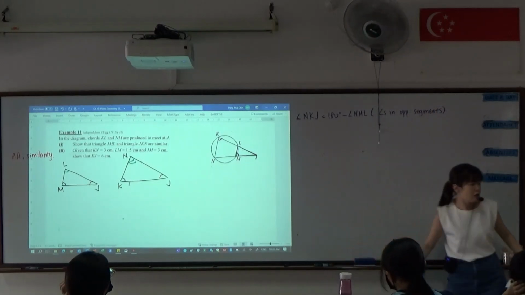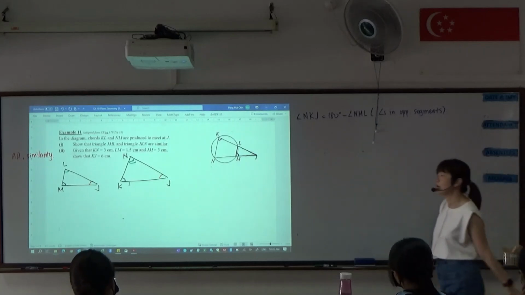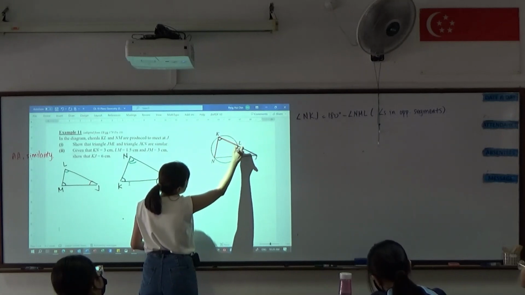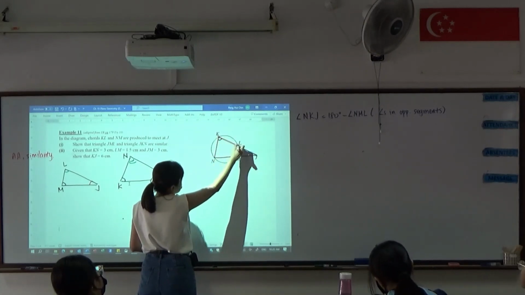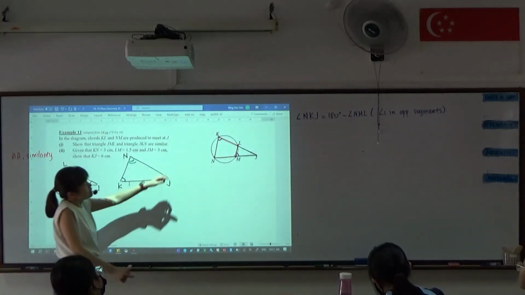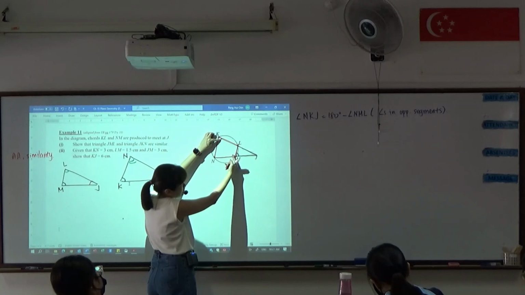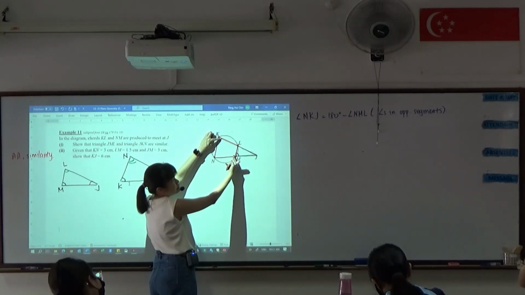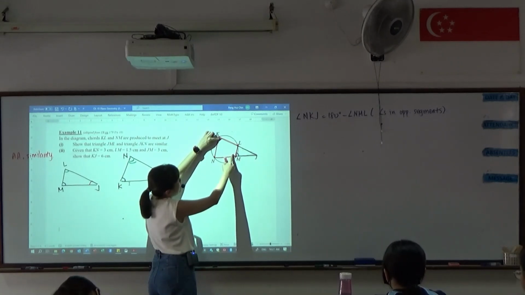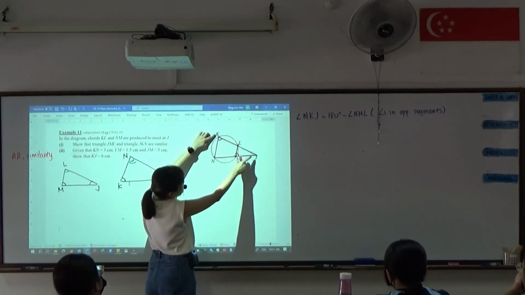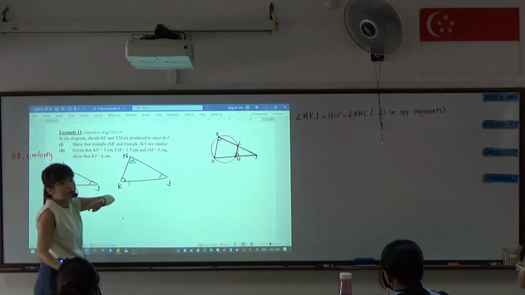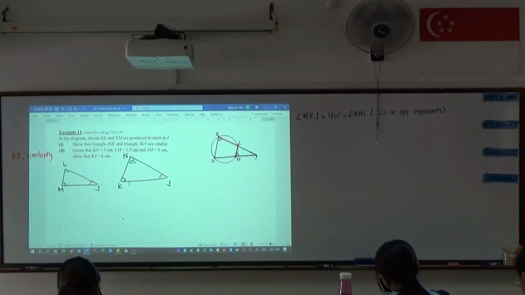If you recall how to identify a cyclic quadrilateral, if I have a quadrilateral whereby all 4 corners are on the circumference of the circle, the opposite angles will have to add up to 180 degrees. So we know that this angle and this angle add up to 180 degrees. Hence, I wrote NKJ is equal to 180 minus this angle here, and that property is angles in opposite segments.